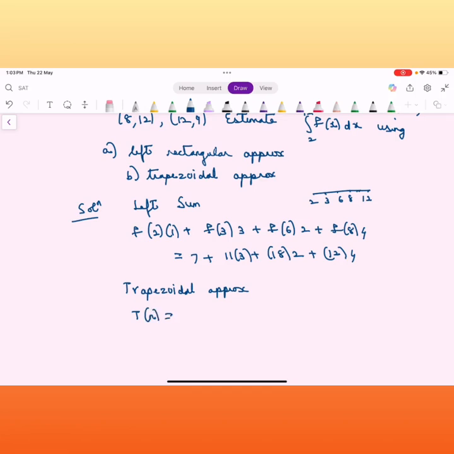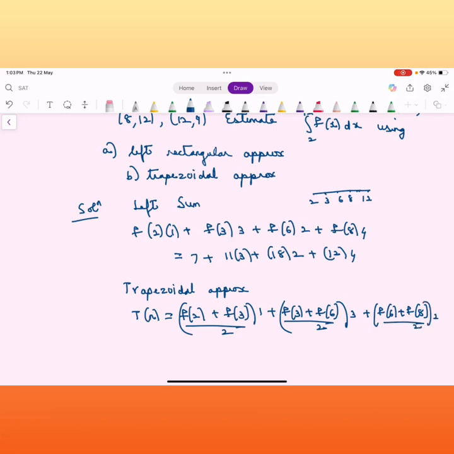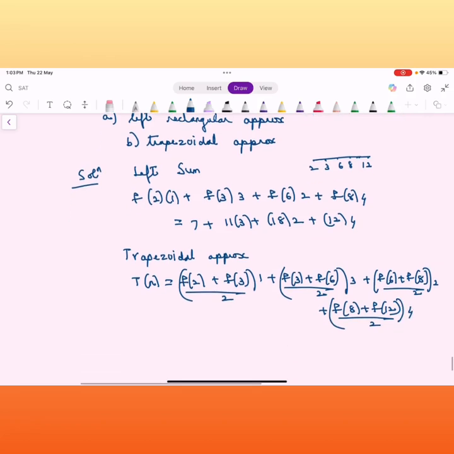So trapezoidal rule, using this, it would be f of 2 plus f of 3 by 2 into 1 plus f of 3 plus f of 6 by 2 into 3 plus f of 6 plus f of 8 by 2 into 2 plus f of 8 plus f of 12 by 2 into 4.